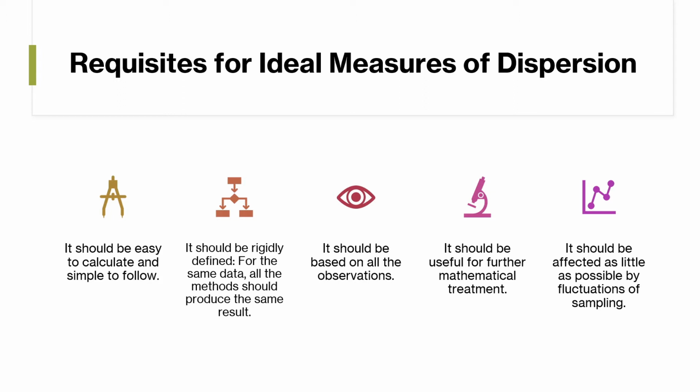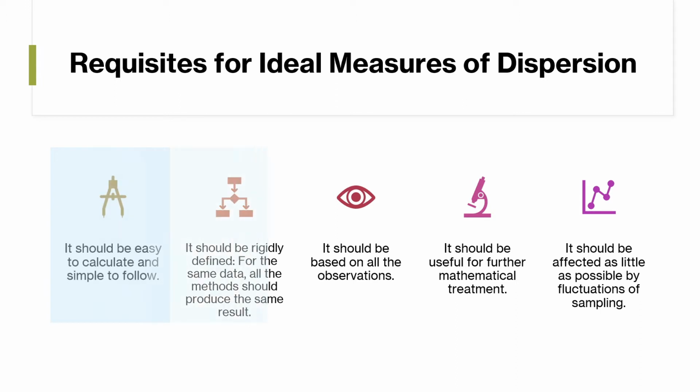Before we get to the list of tools, let's look at the requisites for ideal measures of dispersion. Remember, we had a similar discussion about ideal measures of central tendency. This is almost the same. The first condition is that it should be easy to calculate and simple to follow. Remember, that was the same first condition we had in central tendencies.